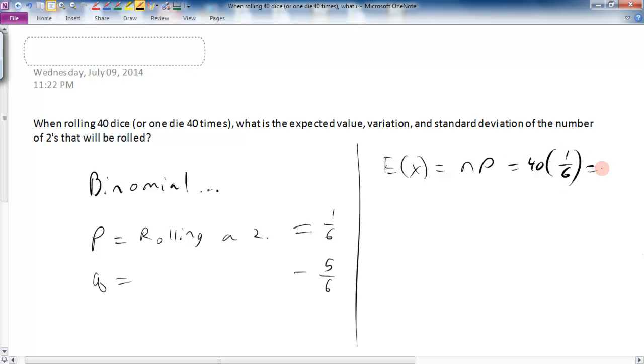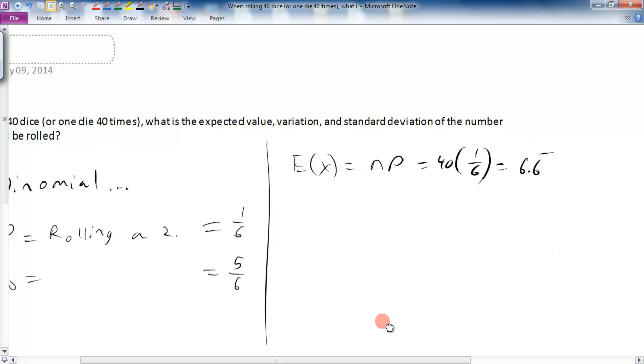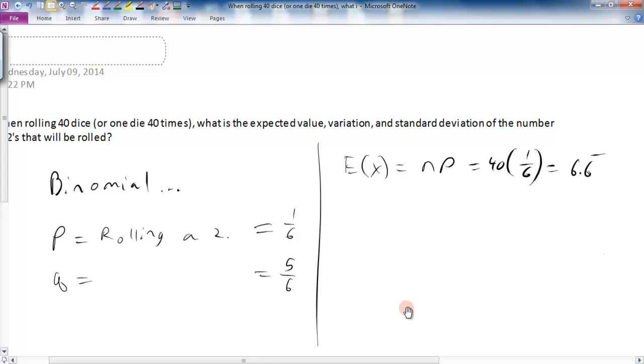So therefore, 1/6 of 40 works out to be 6.6 repeating. So you expect about 6 2/3 of the dice to be a 2. So you expect somewhere around 6 to 7 of the dice to be a 2.